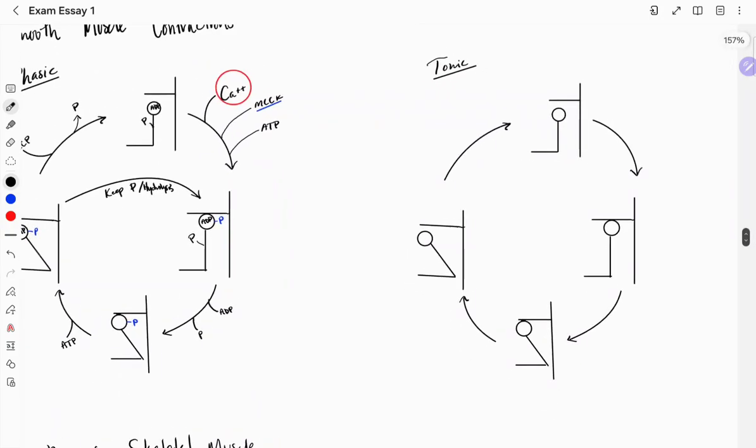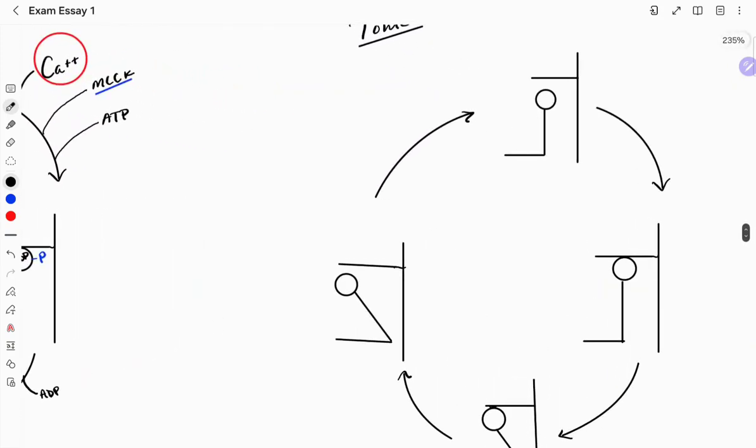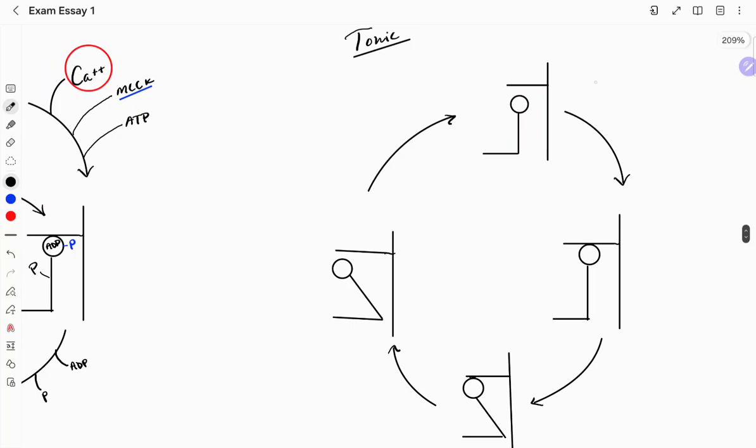So tonic, again, still smooth muscle, but this is going to be slightly different. We're still going to have our calcium coming in here.